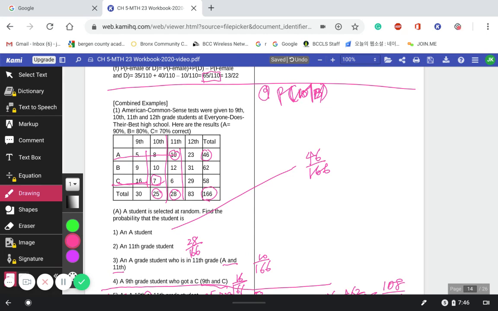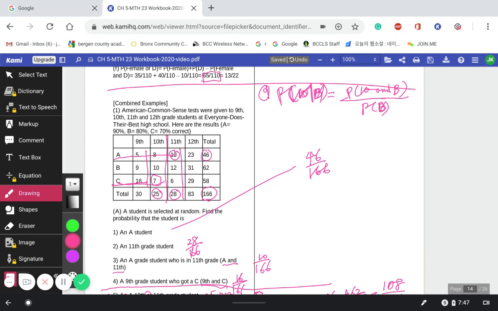To find the 10th given B, the formula whenever they say "given" is the probability of 10th and B divided by the probability of B. So you're supposed to memorize this formula.